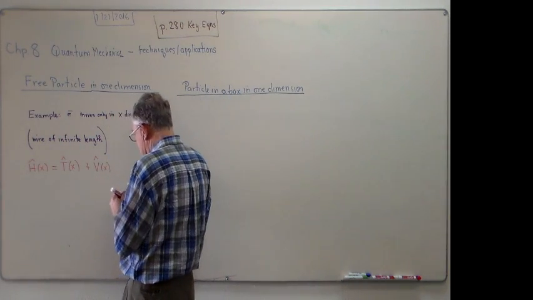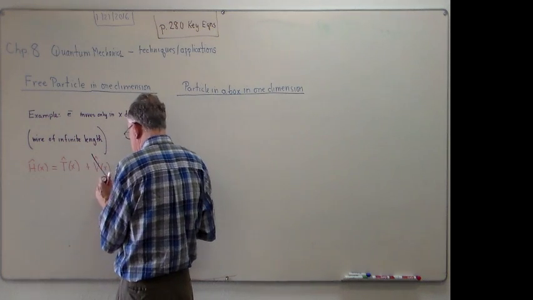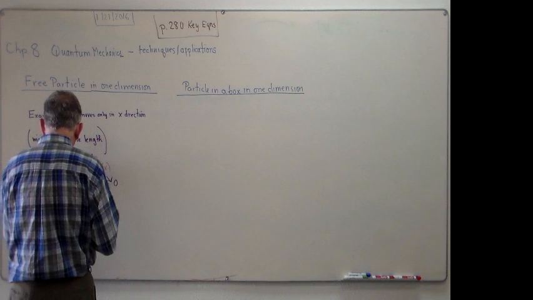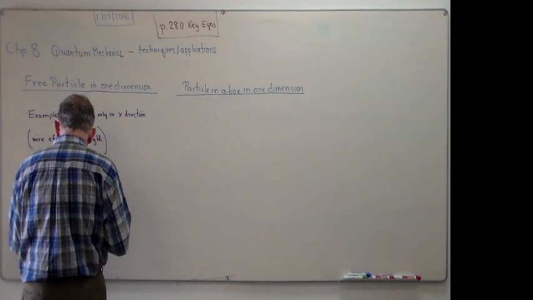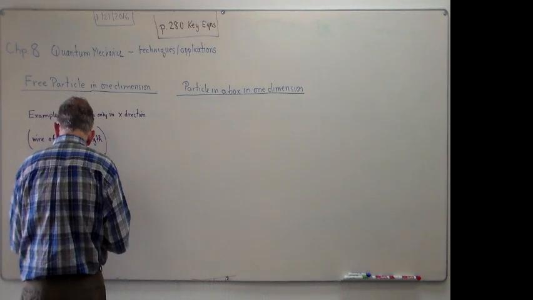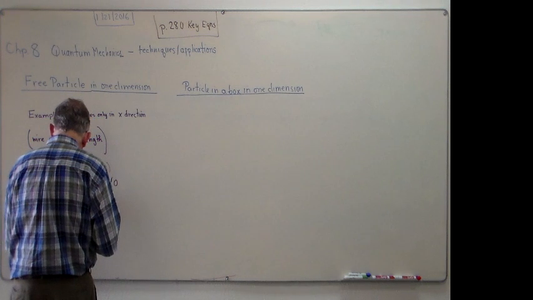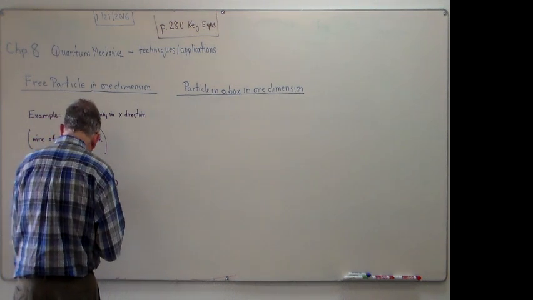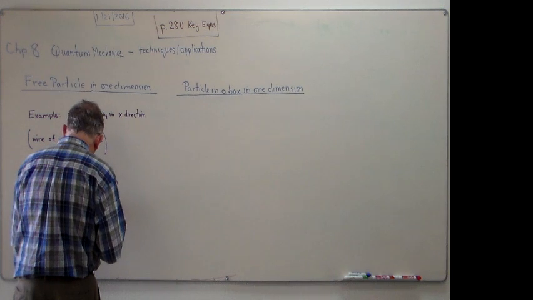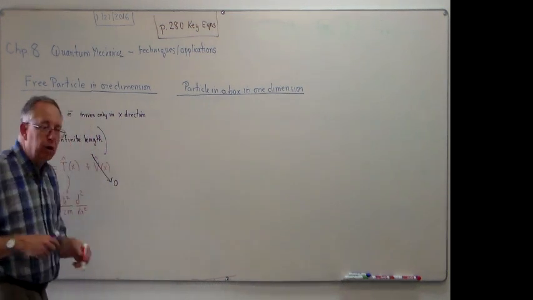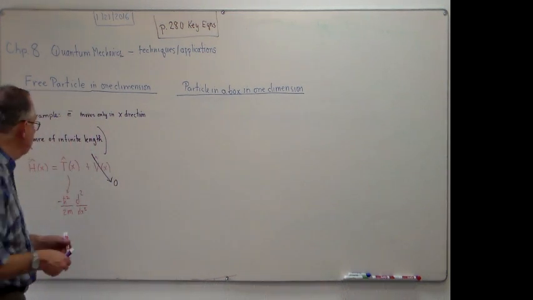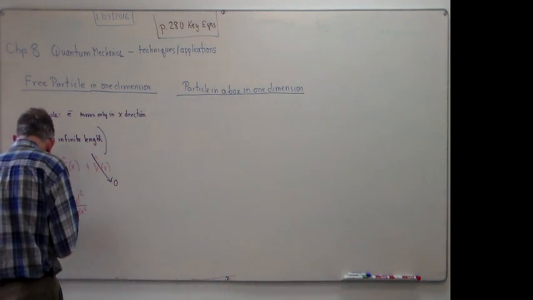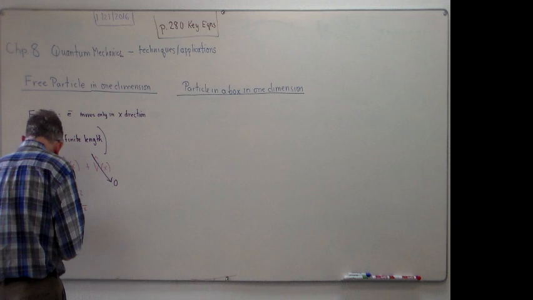So there's absolutely 0 potential energy. And so our kinetic energy formula is minus h bar squared over twice the mass of our particle, times the second derivative with respect to position. The curvature of the matter wave gives the position. So Schrodinger's equation looks like this.